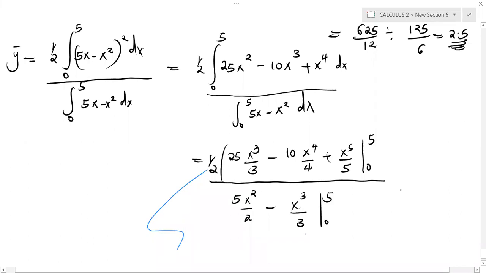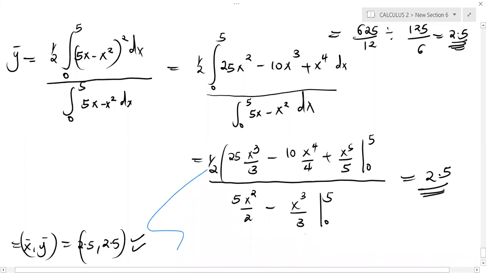And replacing these values correctly, we should be able to get the value of our y bar as 2.5. So what's the centroid? Centroid is given by x bar, y bar, which basically will be 2.5, 2.5. And this is our answer for the centroid.